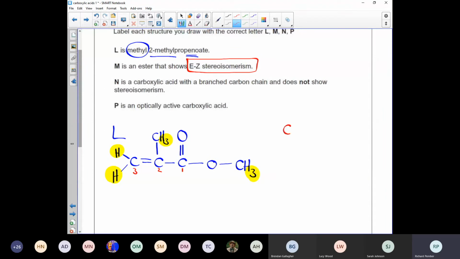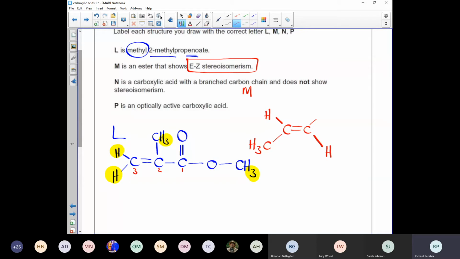stereoisomerism. I think probably what I would be doing for my answer here, so here I am doing M, for it to have EZ, now this might not be the right place to start, but I would probably attempt an alkene like so, and if I put my hydrogens across from each other, I know that I've got a couple of carbons left.